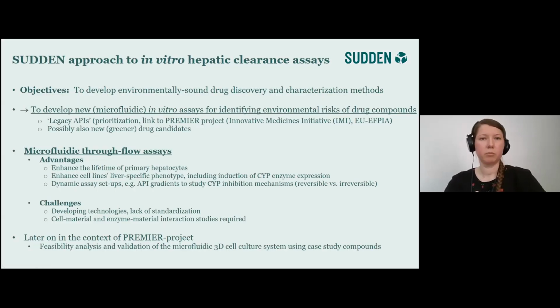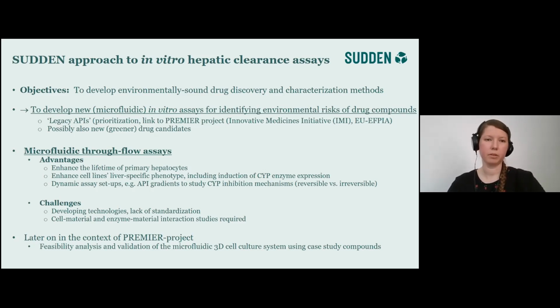So in the SADEM project, we develop in vitro tools to evaluate hepatic clearance. In more detail, we develop microfluidic in vitro assays. And why microfluidics? Microfluidics means that we have a through flow in the assay setup. It advances many of the assay parameters.